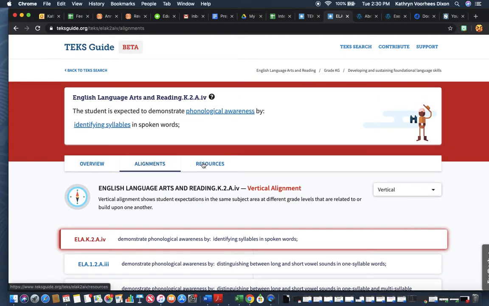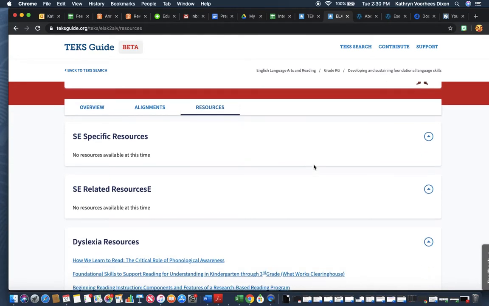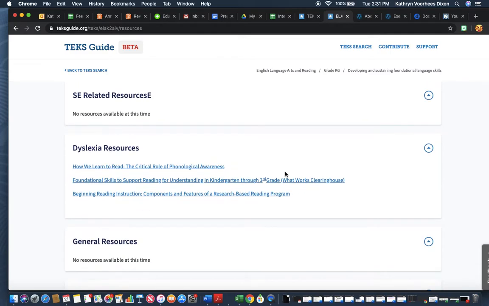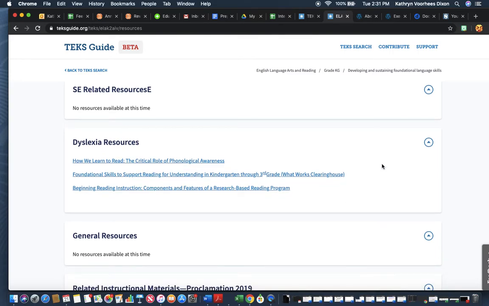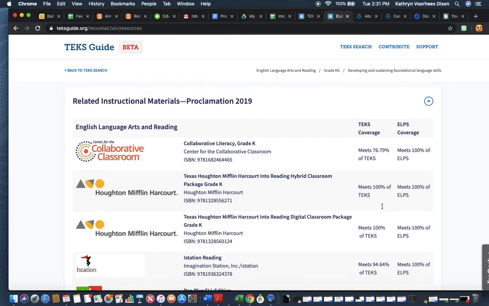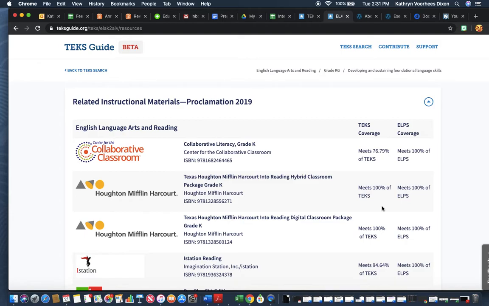Okay, and finally we have this resources tab. Right now, like I said, they're still developing the website. So right now they don't have resources right here for those student expectations, but they do have some dyslexia resources, which is really, really important. And so they have some resources here that I would encourage you to click on and take a look at. And then down here, this is instructional materials.